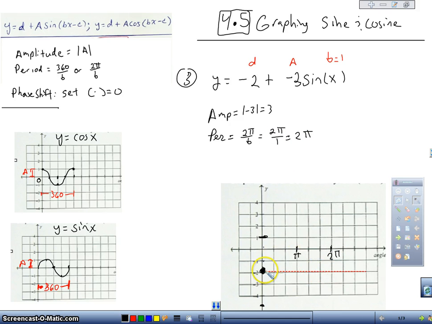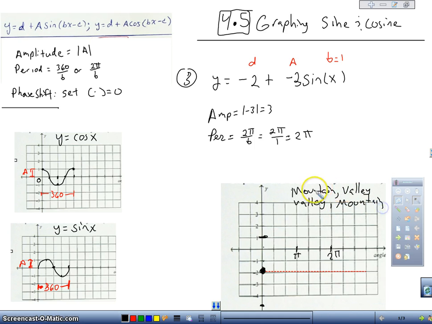All right, so now this is sine again. So it's typically one mountain followed by one valley. However, because the A is negative, instead of one mountain followed by a valley, it's going to reverse that. What used to be a mountain will now be a valley. And what used to be a valley is now going to be a mountain.